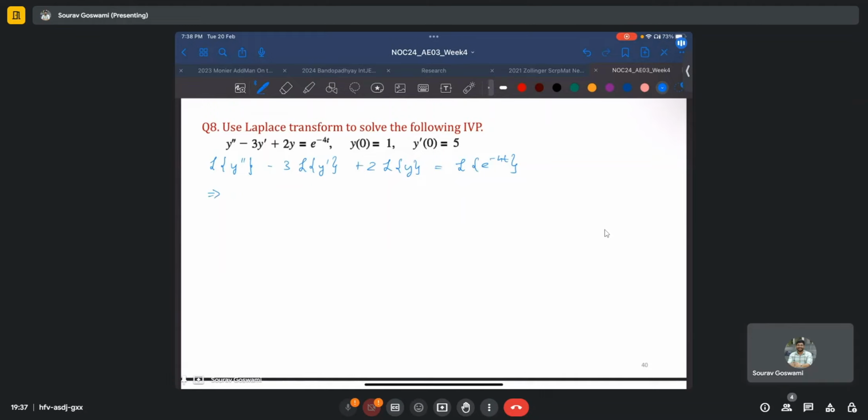Now for y double prime, the terms will be s square Y of s minus s y of 0 minus y prime of 0. This was the first set of terms. The second would be, for y prime, it will be s Y of s minus y of 0, plus twice Y of s is equal to the Laplace of e power at, which is 1 by s minus a.